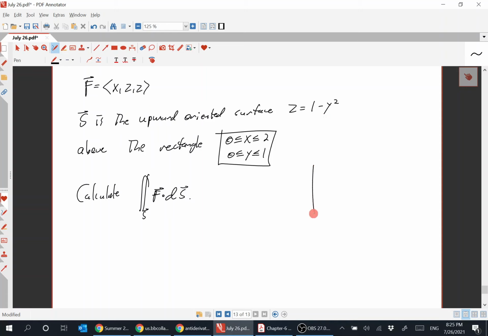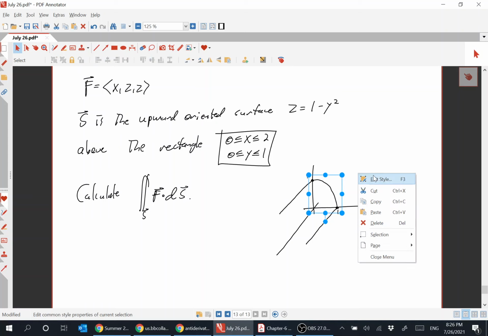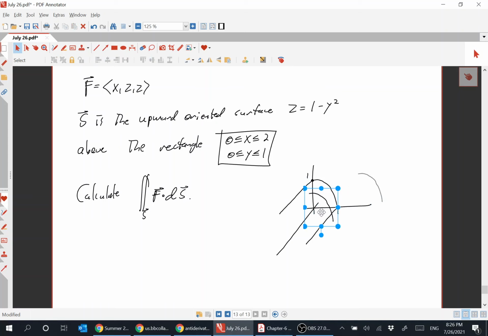So here's the surface. Z equals 1 minus y squared for y going from 0 to 1. Of course, that's just the parabola facing down. And because x isn't in the equation, we use the cylindrical construction where we just copy the curve in the yz plane and extend it in the x direction.